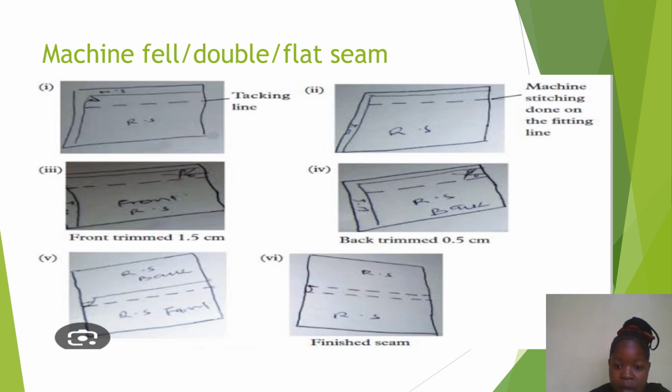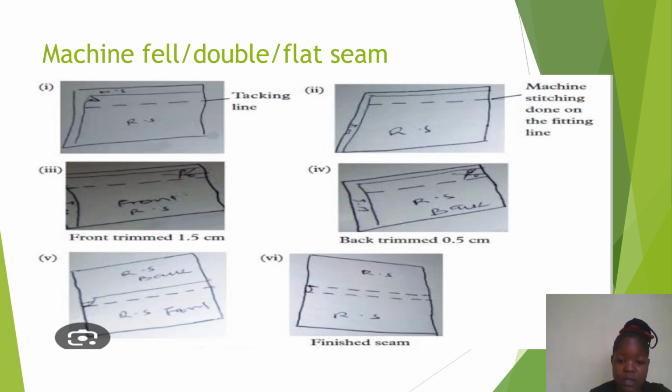And this process number 4, the back has been trimmed to 0.5 centimeters. After the back has been trimmed, we use the front fabric to fold over the back so that it encloses the raw edges.